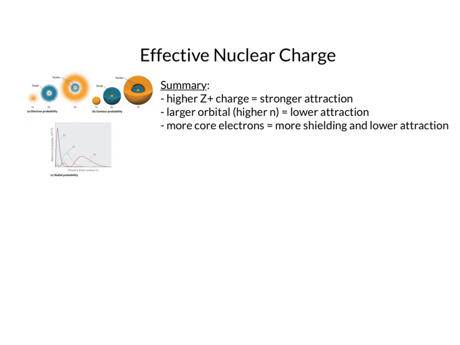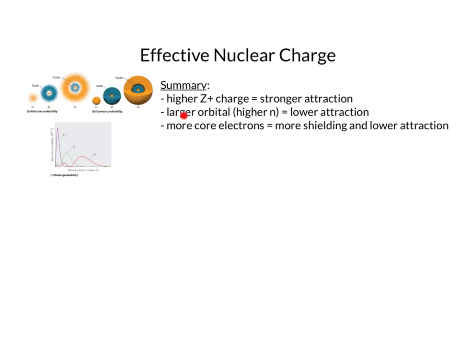So in summary, when we're thinking about how strongly a valence electron is attracted to the nucleus, we have to consider the charge on the nucleus, and the higher the charge, the stronger the attraction. We have to consider how large the orbital is that those valence electrons are in. The higher n levels are larger orbitals, 1s, 2s, 3s.